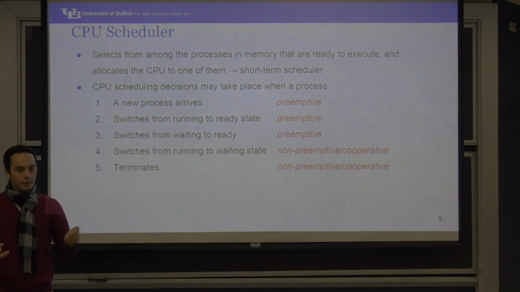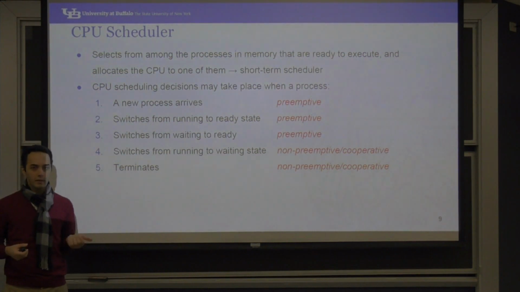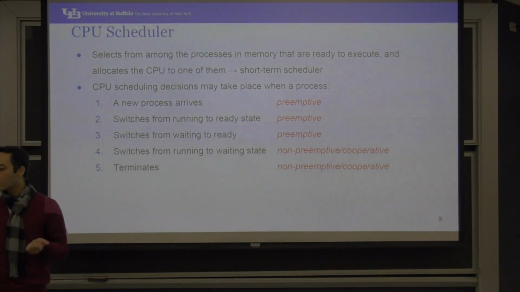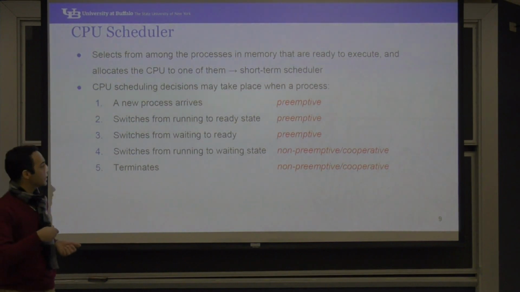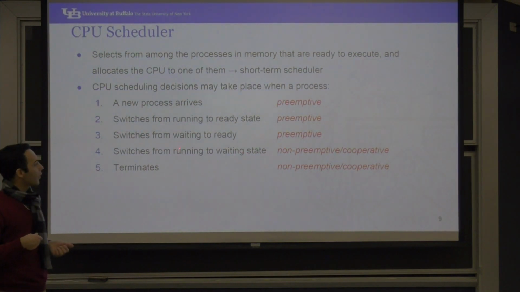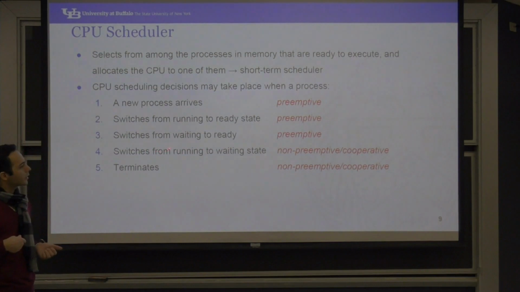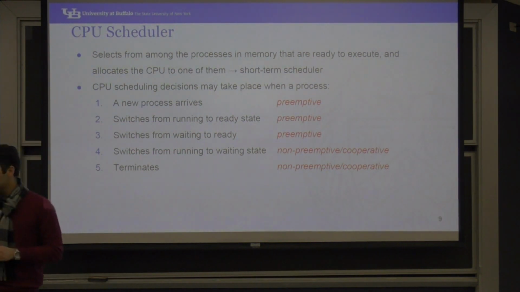The OS has to preempt it and stop it, put it back to the ready list. And also, this is from waiting to ready, and then when a process switches from running to waiting state.